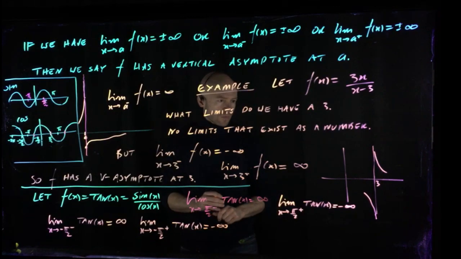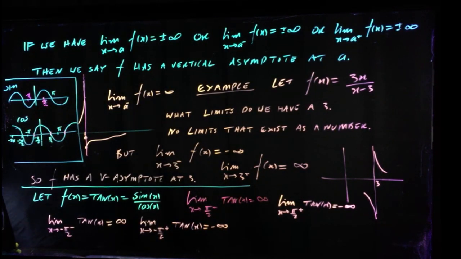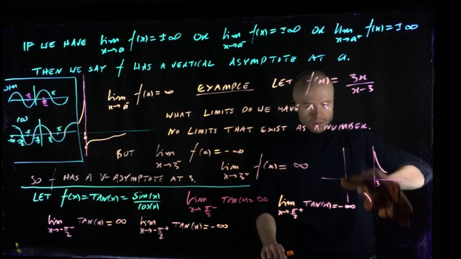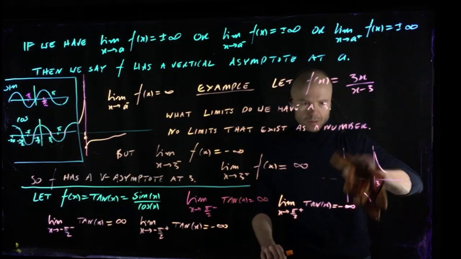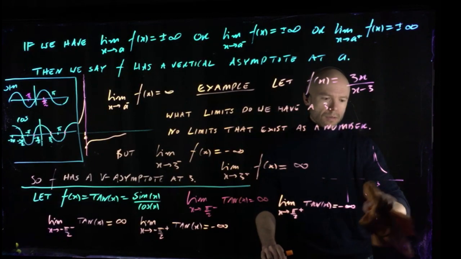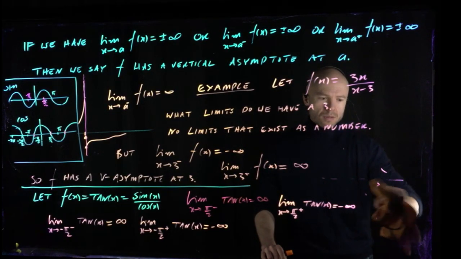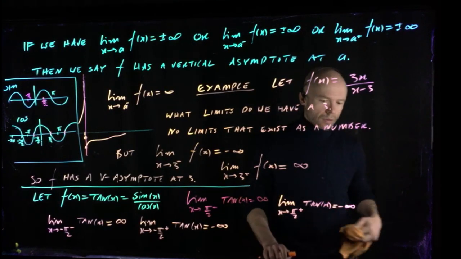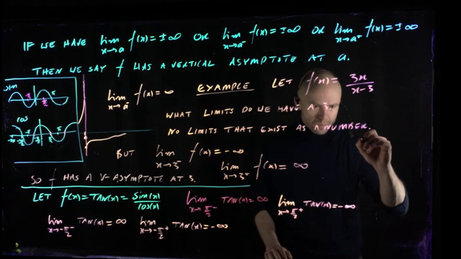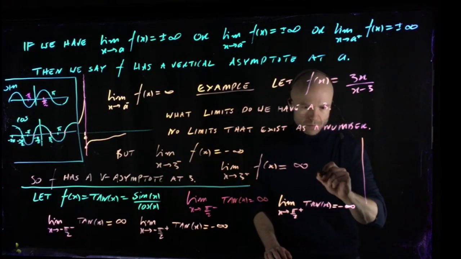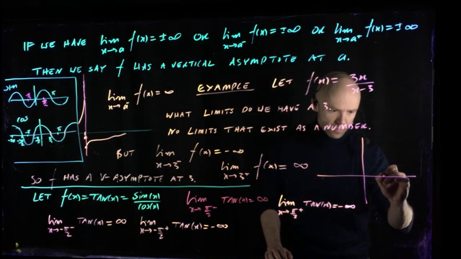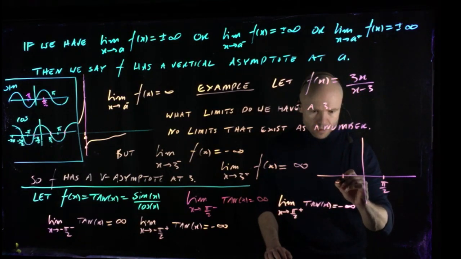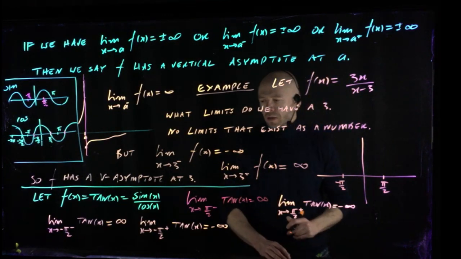So let's try and draw the graph a bit on this bit of space we have here. This here is pi over 2, and this is minus pi over 2.